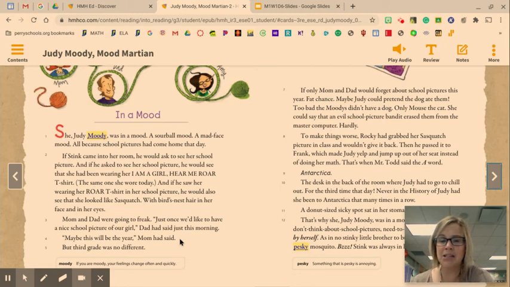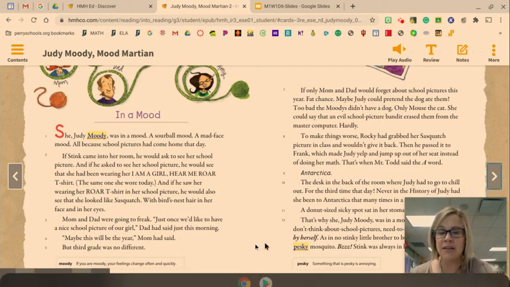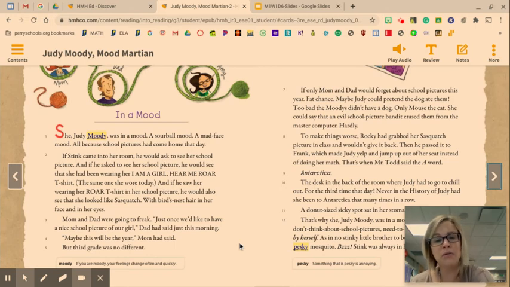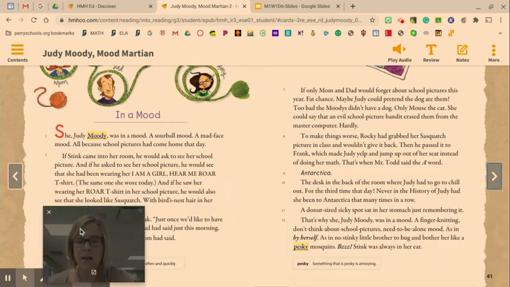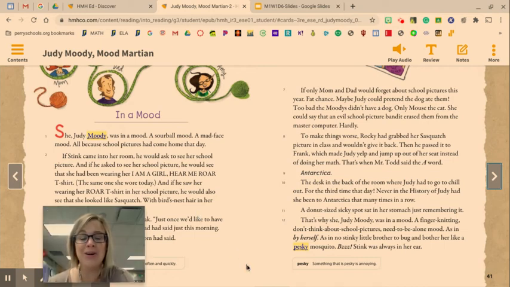Then he passed it to Frank, which made Judy yelp and jump up out of her seat instead of doing her math. That's when Mr. Todd said the A word, Antarctica. The desk in the back of the room where Judy had to go to chill out for the third time that day. Never in the history of Judy had she been to Antarctica that many times in a row.